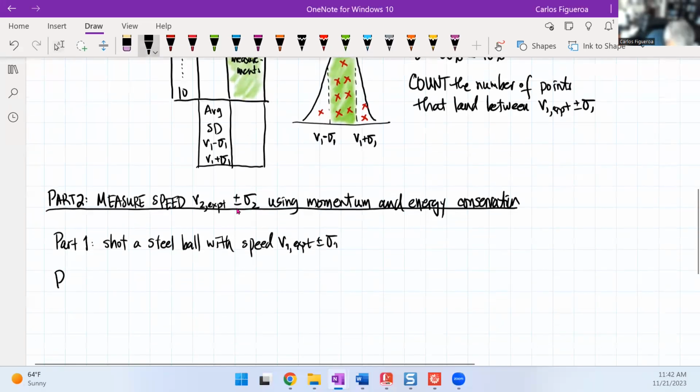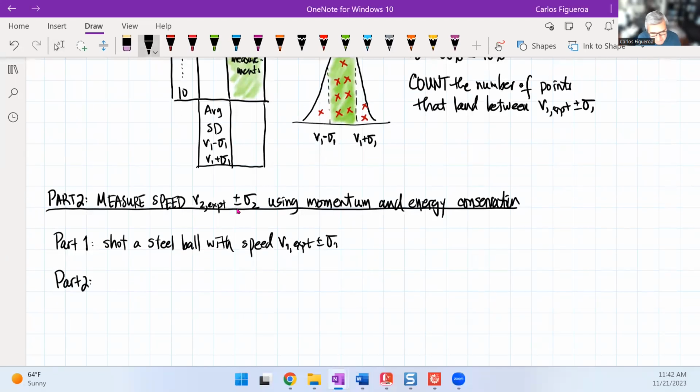So in part two, we don't really pay attention to that. We just know that the ball is already in motion, and it has this speed right here.